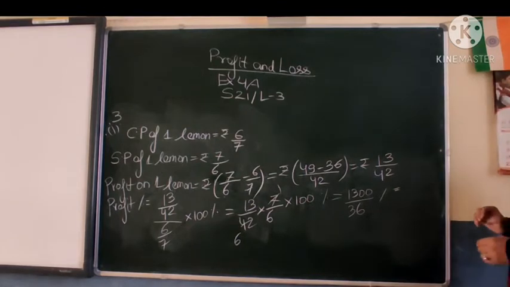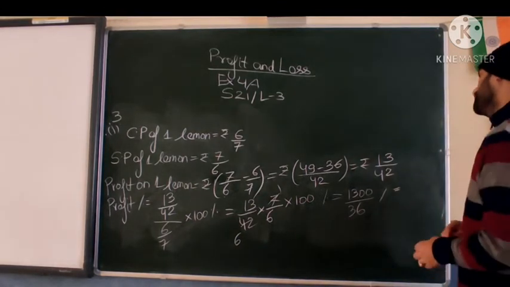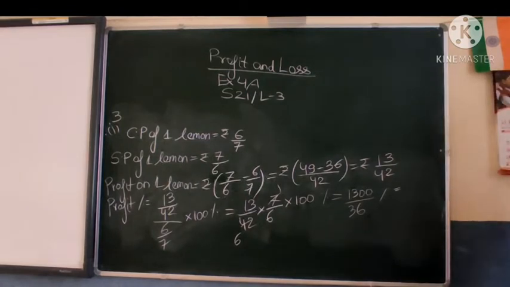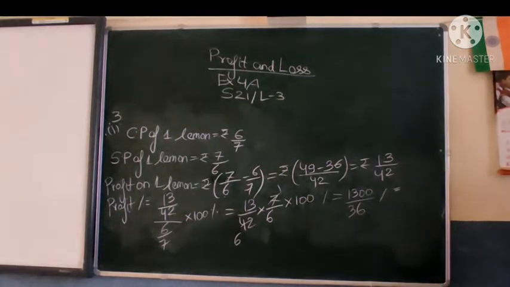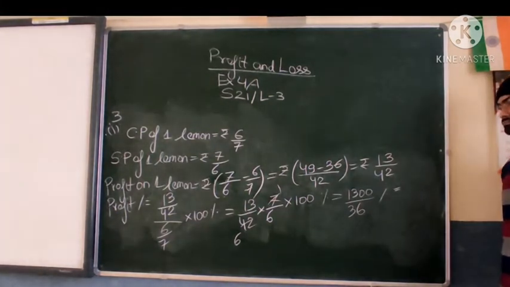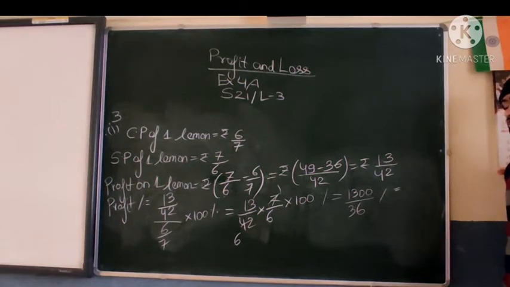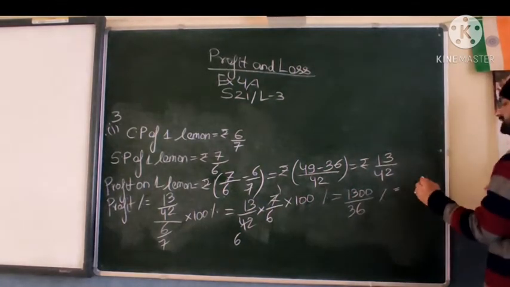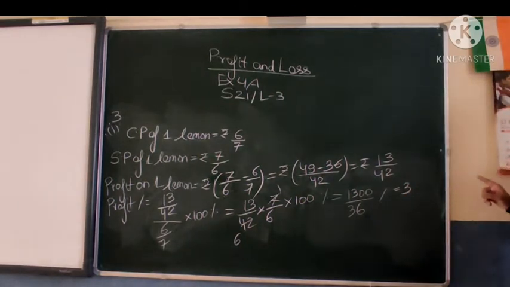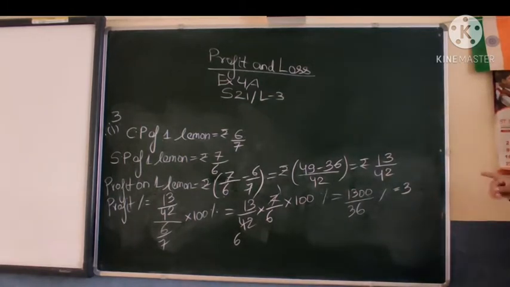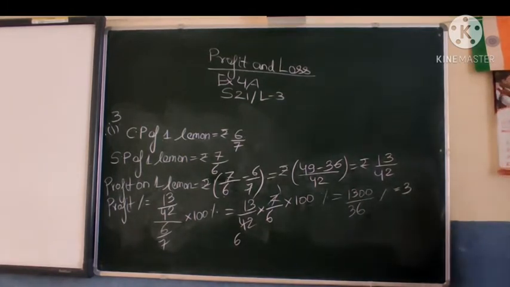So if we round it off, how much will it come? 36, how many times will it go? 36 twos are 72, and 72 from 72 leaves 0, then 14. So 4 times will not go, it will go 3 times only. 36 threes are 108. So how much remains? 22. So 220.